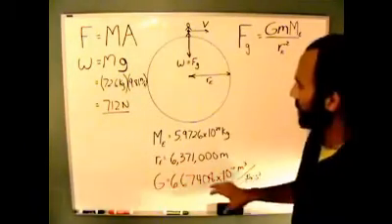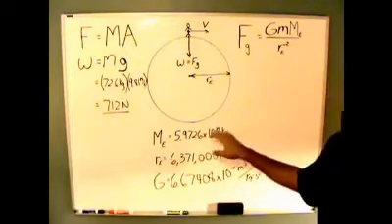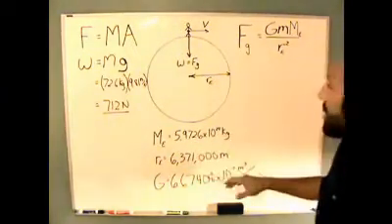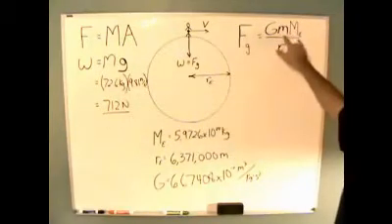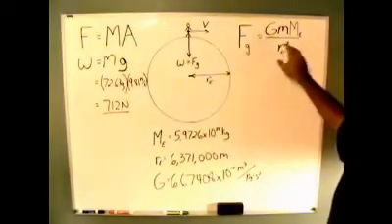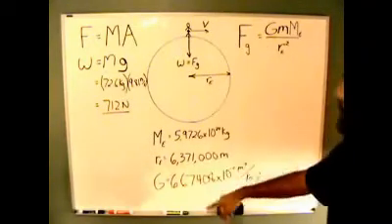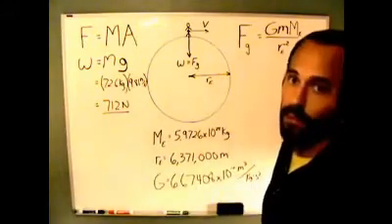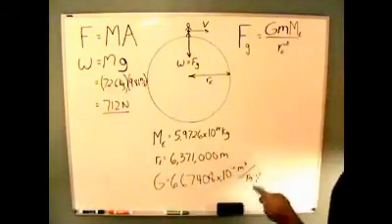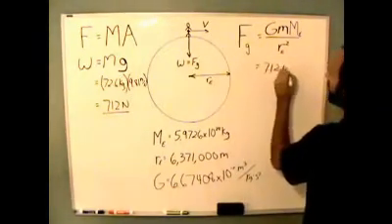So if you plug in the mass of Earth, which I have written here, which is 5.9726 times 10 to the 24th kilograms, really big number, my mass, 72.6 kilograms, the gravitational constant, and the radius of Earth, which is 6,371,000 meters, you will get 712 newtons, roughly.